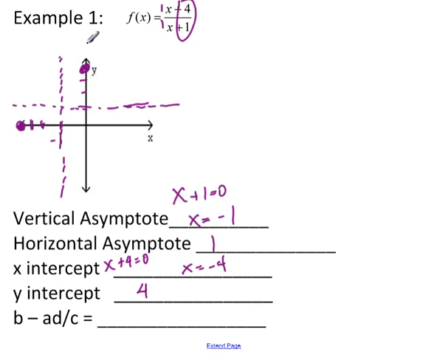I already know my graph is going to be in this top right and the bottom left because I've got intercepts there. But for the first couple, I'm going to check this anyway here. We got a 4 minus a is 1 times d is 1 over c, which is also 1. So it's really just 4 minus 1 equals positive 3.